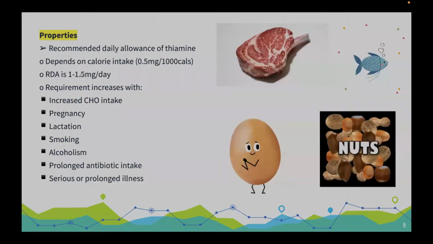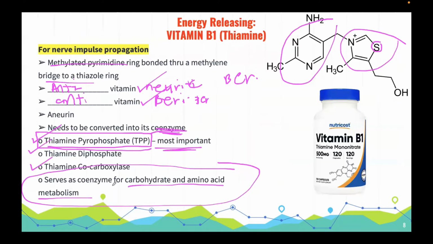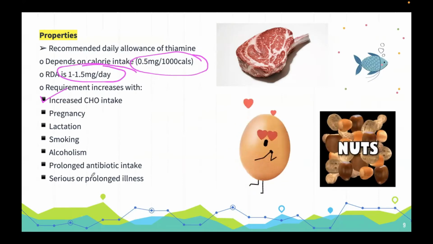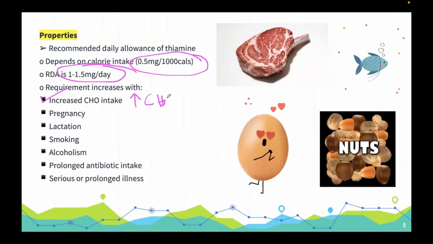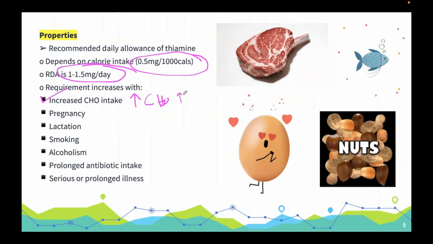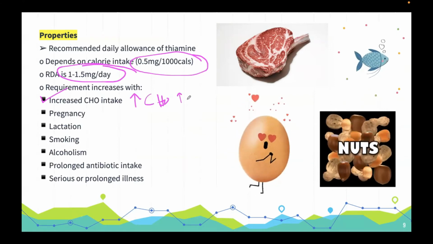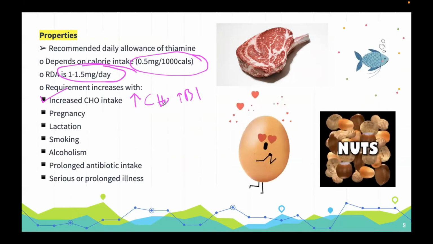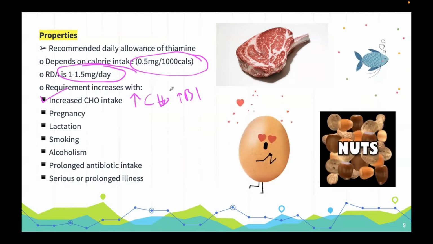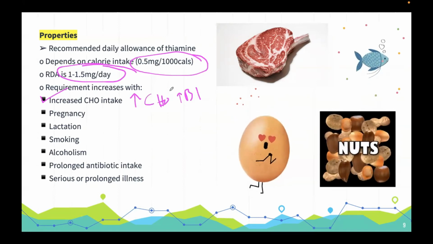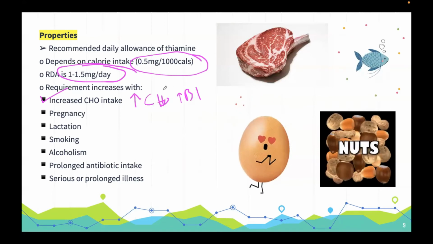As we said, it serves as a coenzyme of carbohydrate and amino acid metabolism. So when your carbohydrate intake rises, your requirement for vitamin B1 also rises. They have a direct relationship: the more your intake increases, the more your requirement for vitamin B1 increases. Remember that.